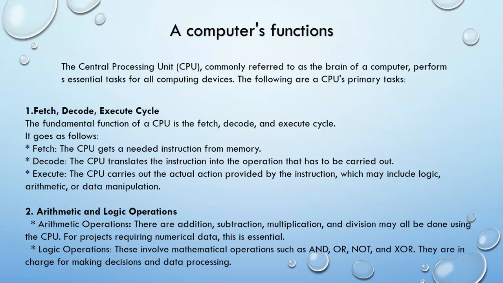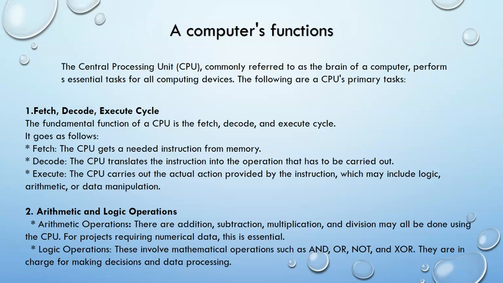A computer's functions. The CPU, or central processing unit, commonly referred to as the brain of a computer, performs essential tasks of all computer devices. The first one is the fetch, decode, execute cycle. The fundamental function of a CPU is the fetch, decode, and execute cycle.